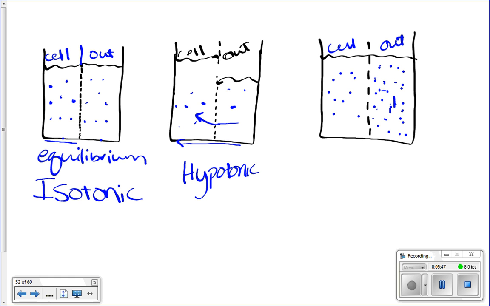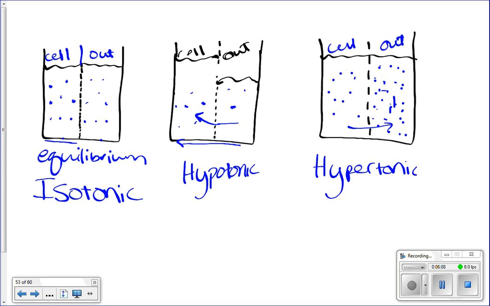Now you have more salt outside of the cell than inside, and so the water from inside the cell is going to move to the outside in order to try and dilute the salt concentration out here and to try and reach equilibrium. When you have more salt outside of the cell than inside, it's called a hypertonic solution.